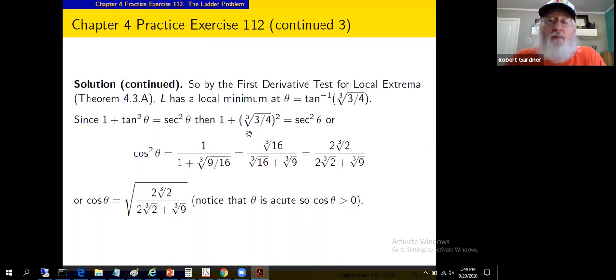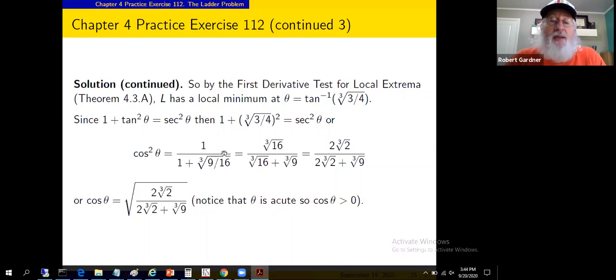Taking reciprocals, if you like, 1 over secant squared is cosine squared. 1 over this is what we've got down here. Taking the 2 inside and squaring these two, 3 squared is 9 and 4 squared is 16. That's where this came from.